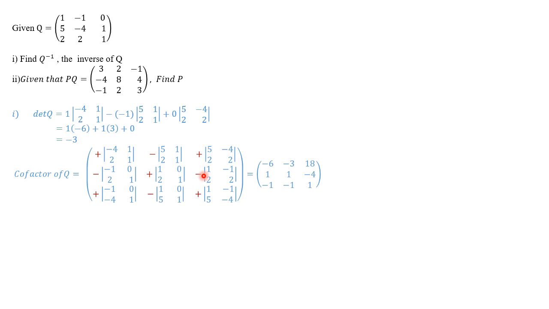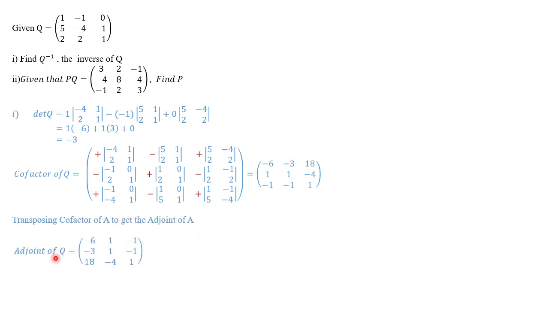Right, so please kindly go and look for the video of inverse of a 3x3 matrix. We are just building on those concepts, so make sure you know the inverse of a 3x3 matrix. From them we can have our matrix of cofactors. Now we transpose this matrix of cofactors so that we get our adjoint.